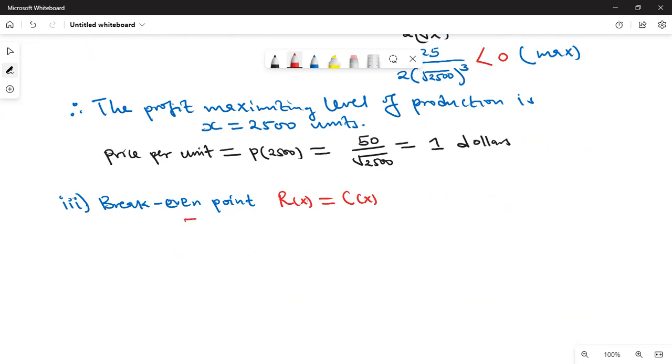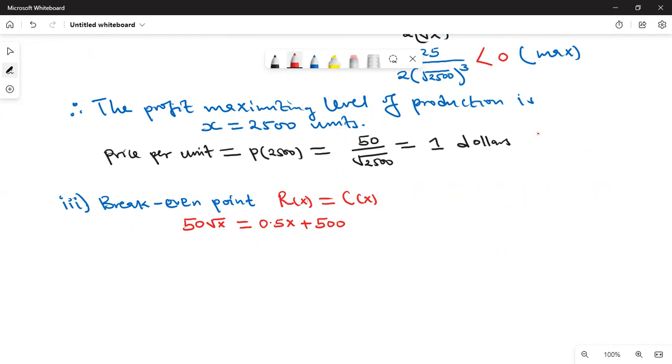So our revenue was 50 root x. This must be equal to our cost. We are given that as 0.5x plus 500. We need to solve for x. 50 root x is equal to 0.5x plus 500.